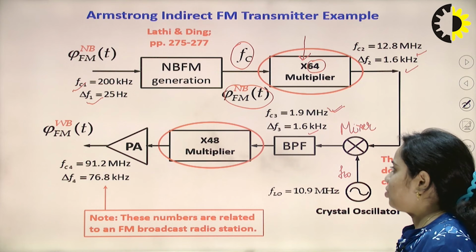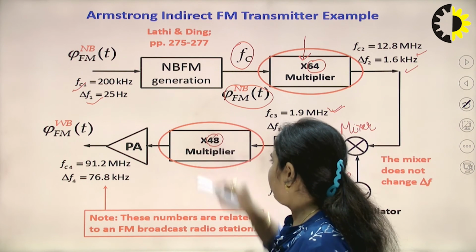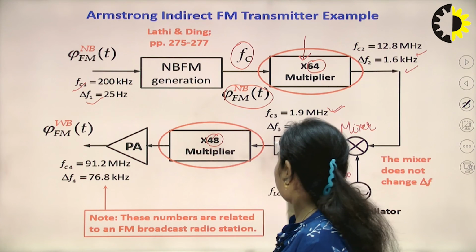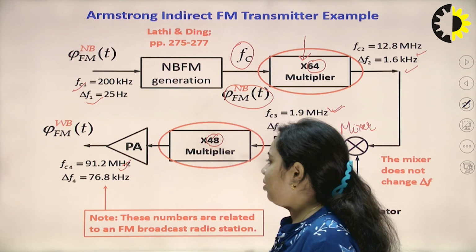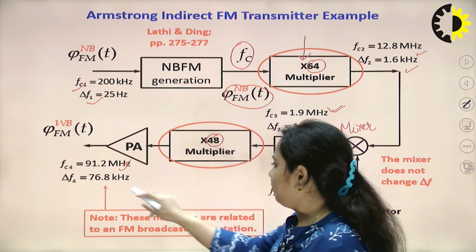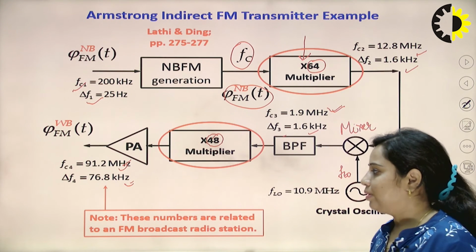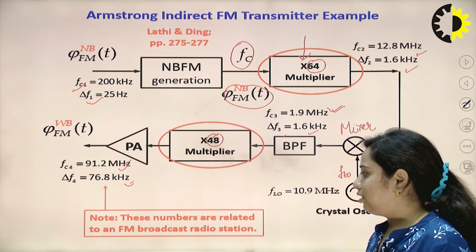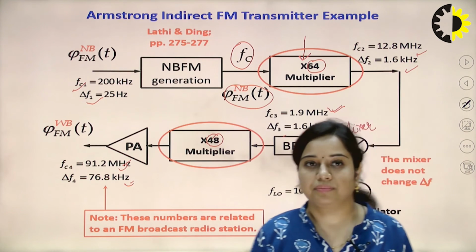This is passed through a band pass filter. After that, there is a second multiplier whose multiplying constant is 48. Now fc3 is multiplied by 48, and we get 91.2 megahertz of frequency, and delta f is multiplied again. So we get delta f4, the final frequency deviation. These are the numbers related to an FM broadcast radio station.